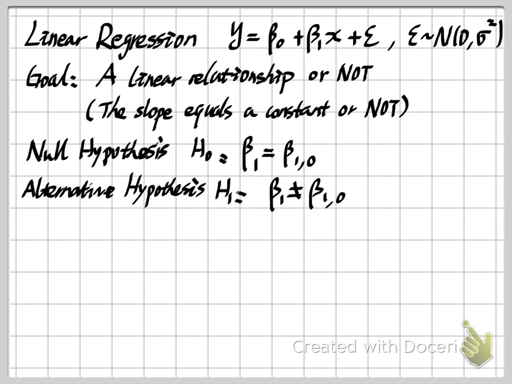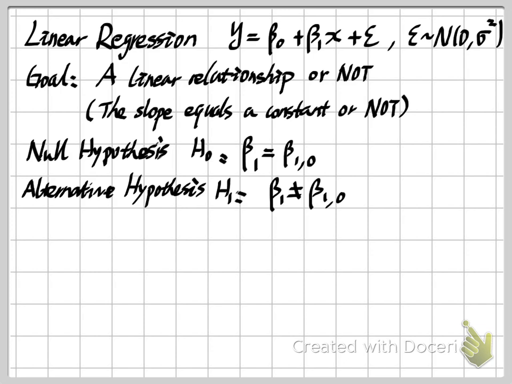When we want to do a hypothesis test, what should we do? The first step is to construct a test statistic, which may follow a normal distribution or a t-distribution. Because we want to test the claim about our beta 1, we will use the estimator of beta 1 to construct the test statistic.